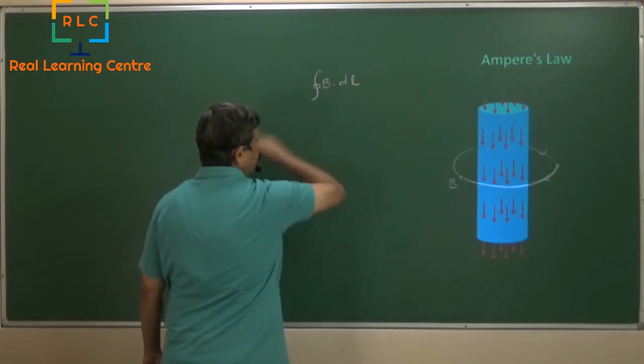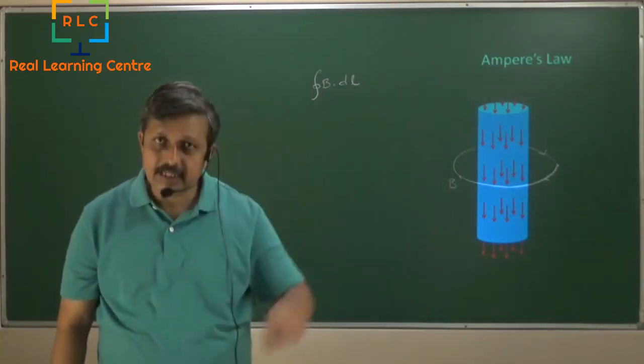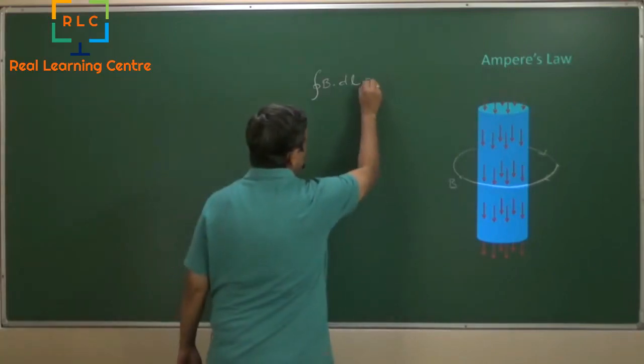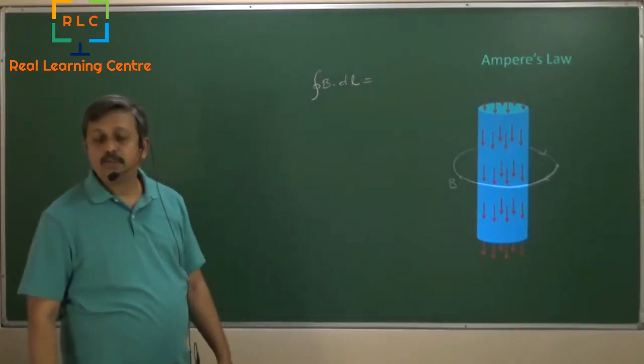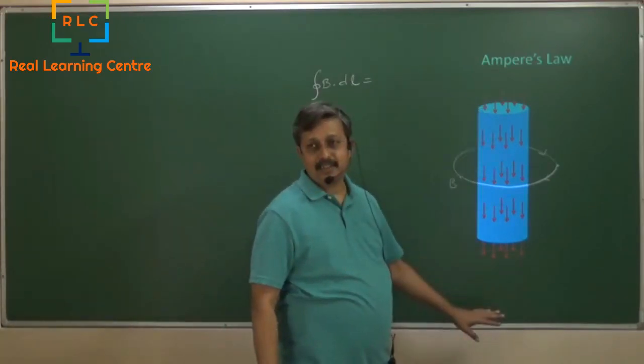over the whole loop. This is called a closed integral, a path integral over the loop, and it will be equal to the current that is enclosed within this.